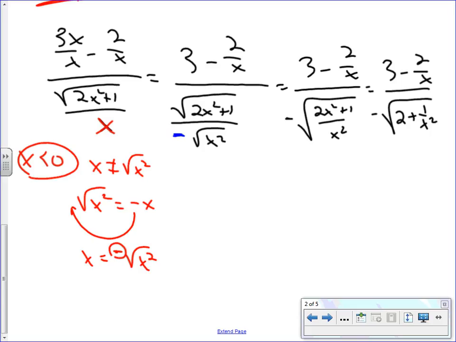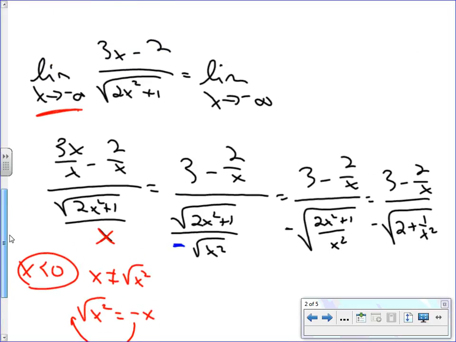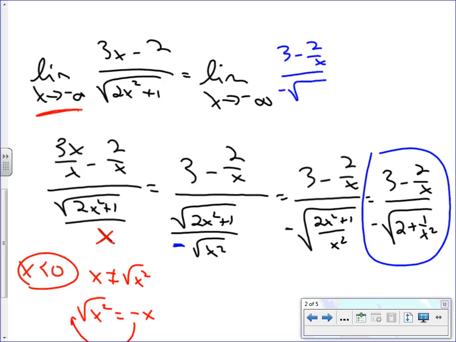So you're going to take that rewritten function, make it your second limit statement. And this goes to 0, this goes to 0. So I get an answer of 3 over negative square root of 2, or negative 3 over the square root of 2.